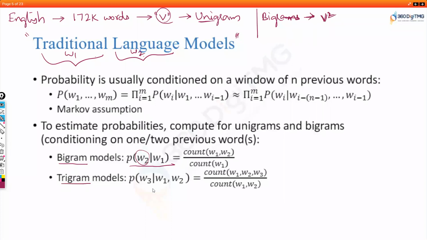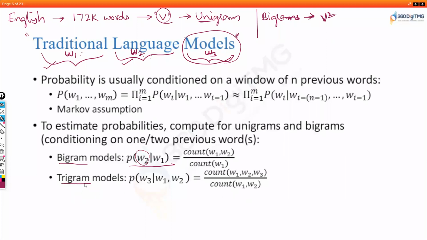Then you also have trigram models. In trigram, you'll have 3 words. What is the probability of getting word 3 given that word 1 and word 2 have already appeared? What is the probability that you'll get models given that traditional and language have already appeared? For this, you look at the count: how many times traditional, language, and models appeared together, divided by how many times traditional and language have appeared together.